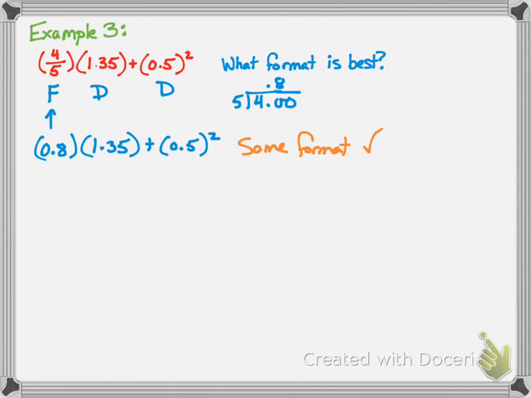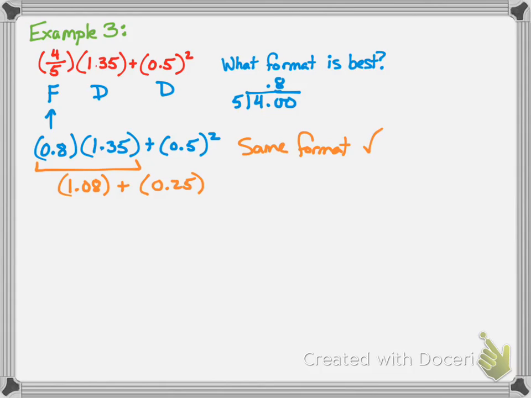And remember, 0.5 squared is just 0.5 times 0.5, or 5/10 times 5/10, which changes to 1.08 plus 0.25. So 1 and 8 hundredths plus 25 hundredths, which we don't need to change back into fractions because it doesn't ask us specifically to answer in this format. If it does, then you will have to change it back.